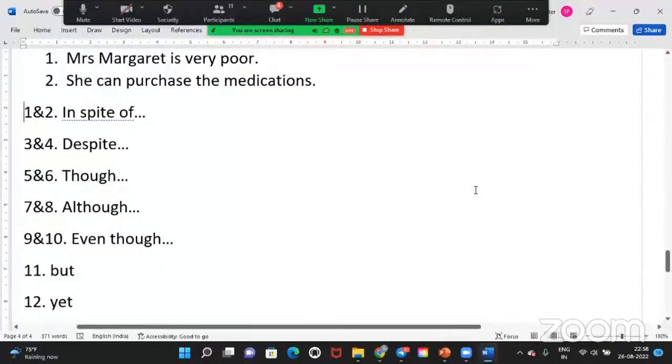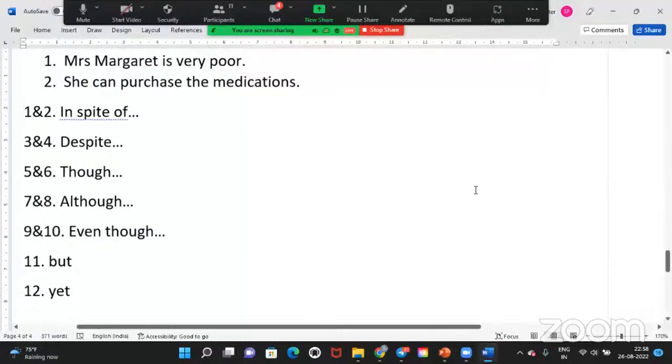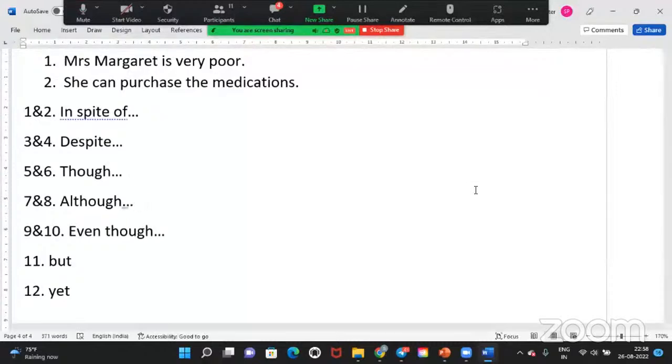Come on, write down the sentences. Be very careful, okay? This is tricky. First, in spite of, despite will be very tricky. And this is Mrs. Remember that.